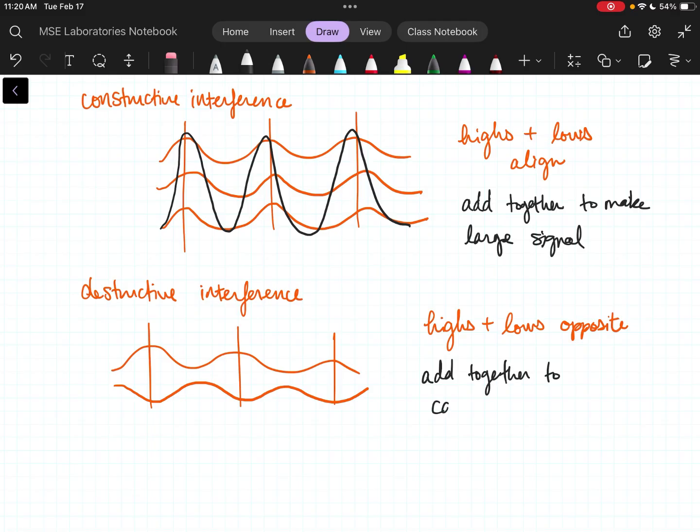So I've got inverse signals, and they add together to cancel out. And we end up with this very much nothing signal.